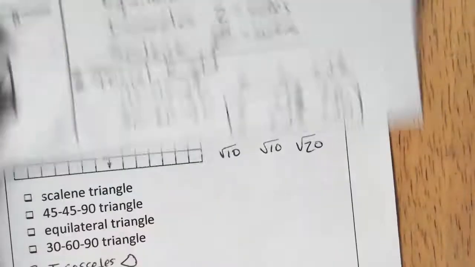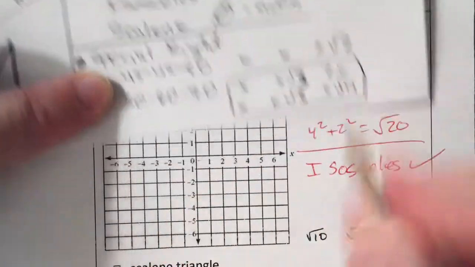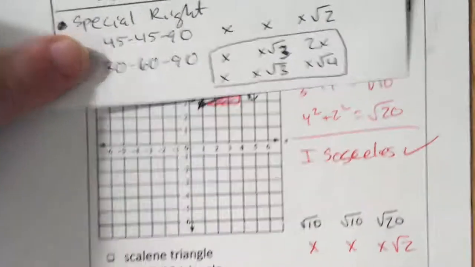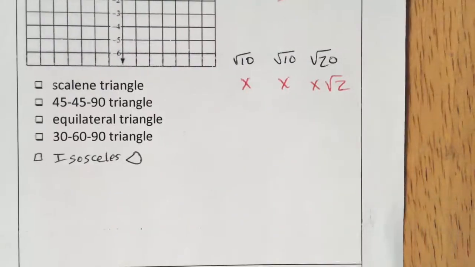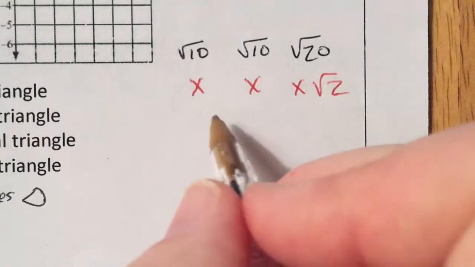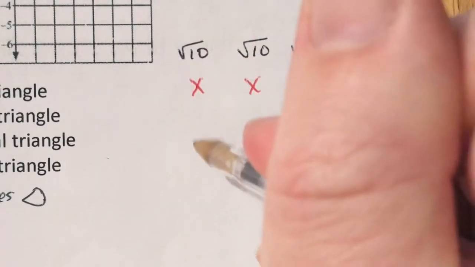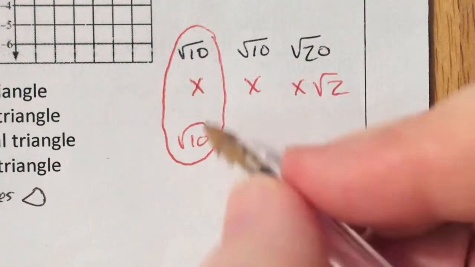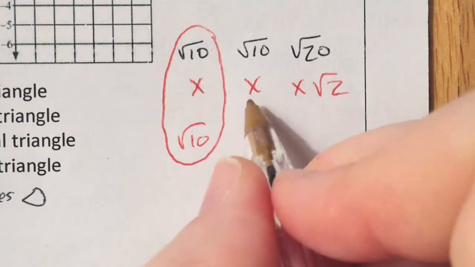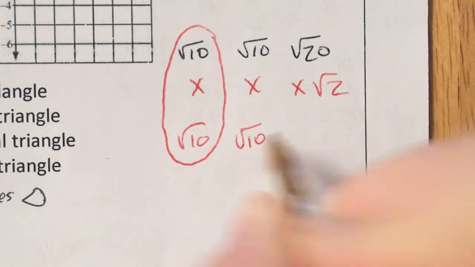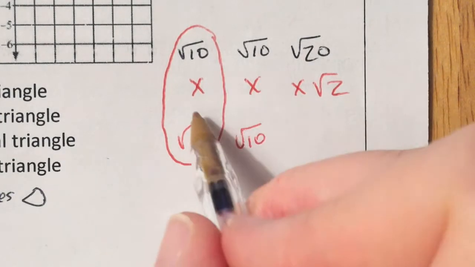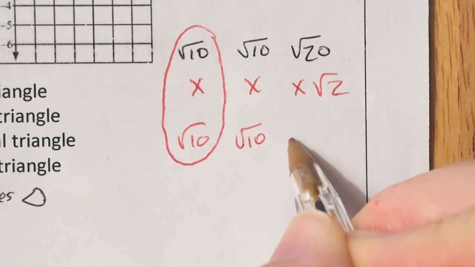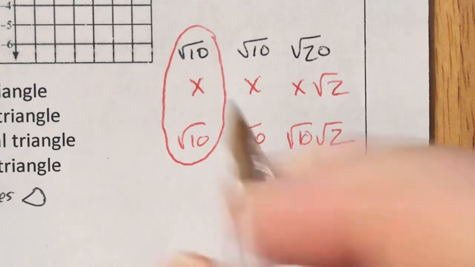Using 45, 45, 90, does it follow x, x, and x radical 2? That's what we're asking. Knowing this, if x was radical 10, then this would be radical 10 times radical 2.